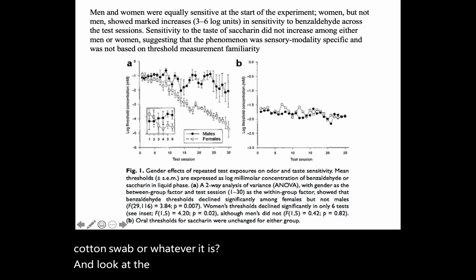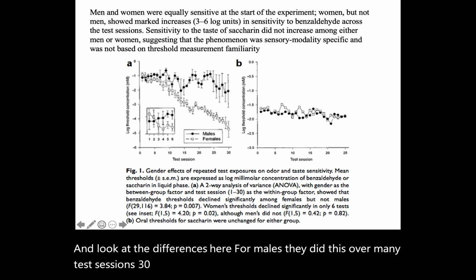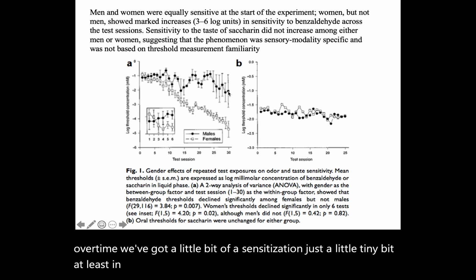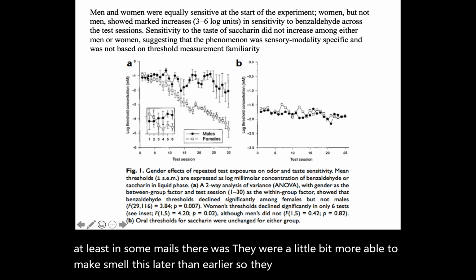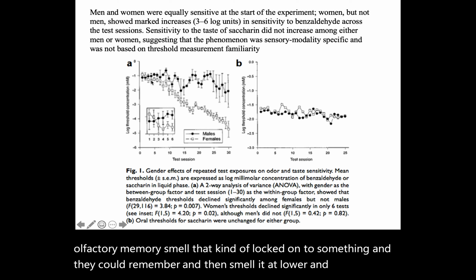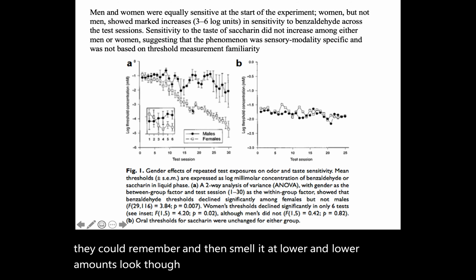For males, they did this over 30 different test sessions. And as you can see over time, we got a little bit of a sensitization, just a tiny bit. At least in some males, they were a little bit more able to smell this later than earlier. So they developed a little bit of olfactory memory, smell that kind of locked onto something, and they could then smell it at lower and lower amounts. Look, though, for the genetic females in the study.